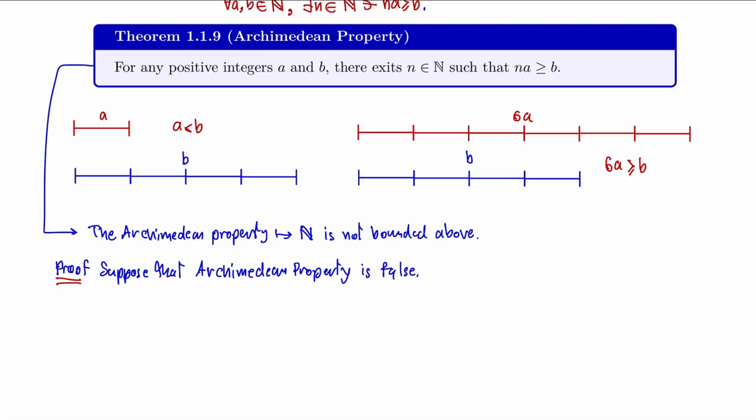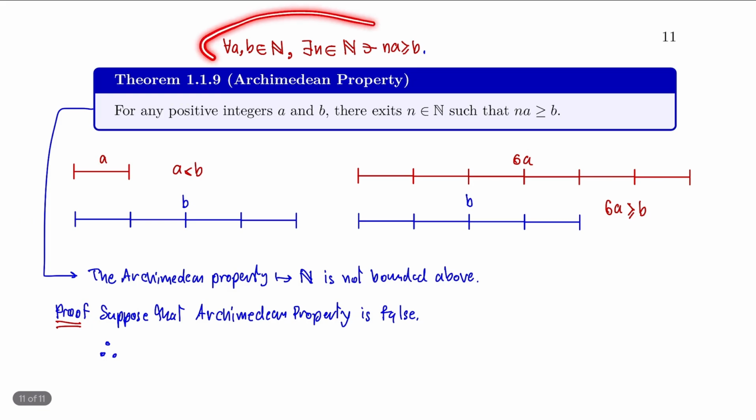Once it is false, what do we have? We get the negation of this statement. So "for all" becomes "for some". It turns out to be: for some positive integers a and b, "for some" becomes "for all", right?